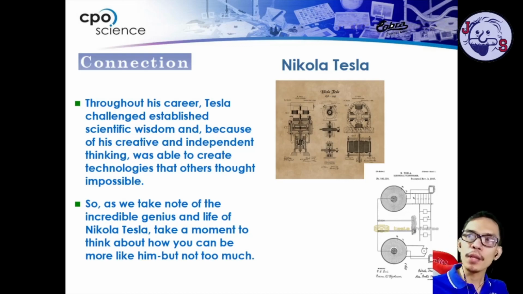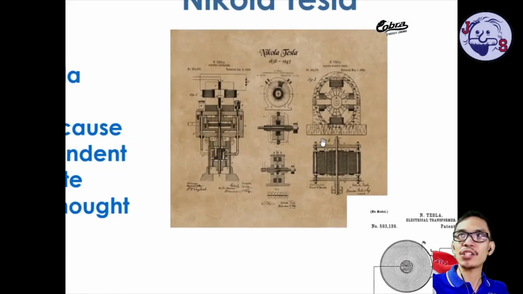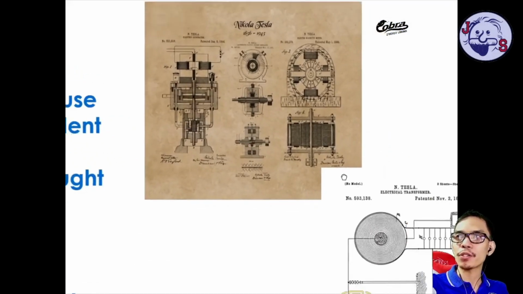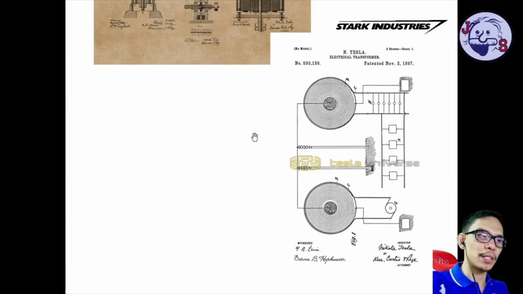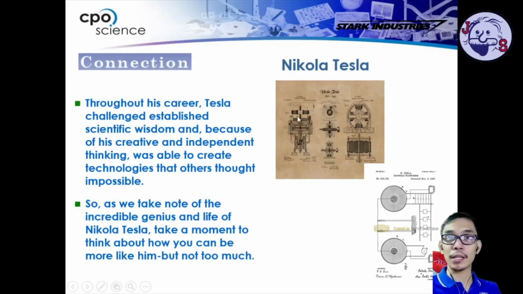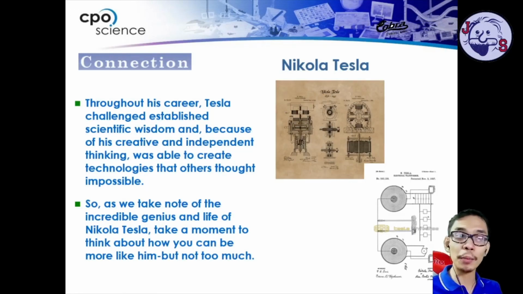So this is his patent of the AC generator, and also we have the patent of his electric transformer. He is also the proponent of the Tesla coil, and many more devices, including the remote control drones, if you are familiar with that technology today.